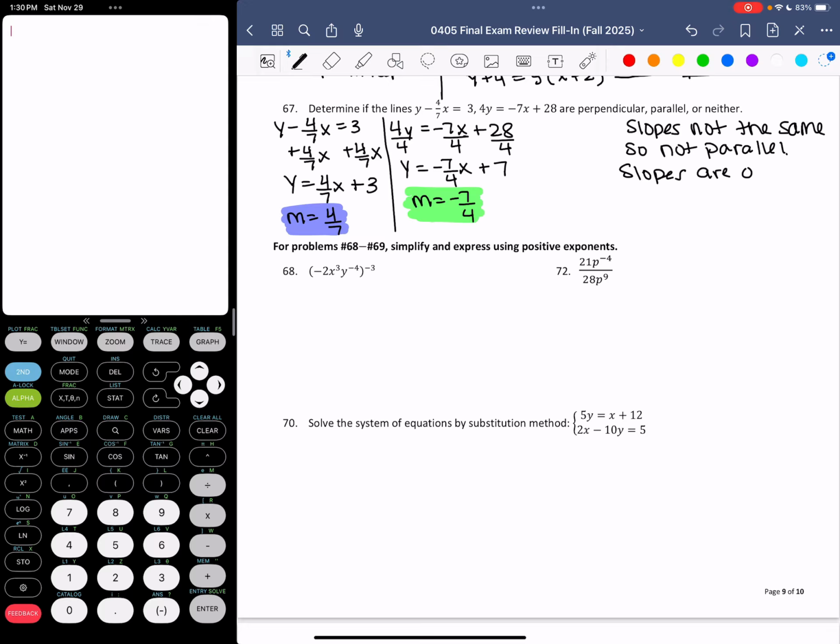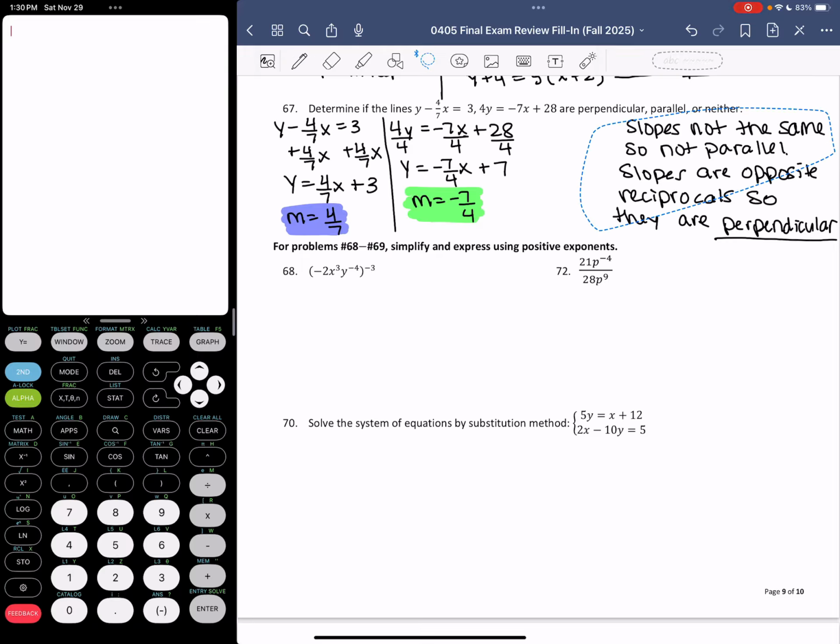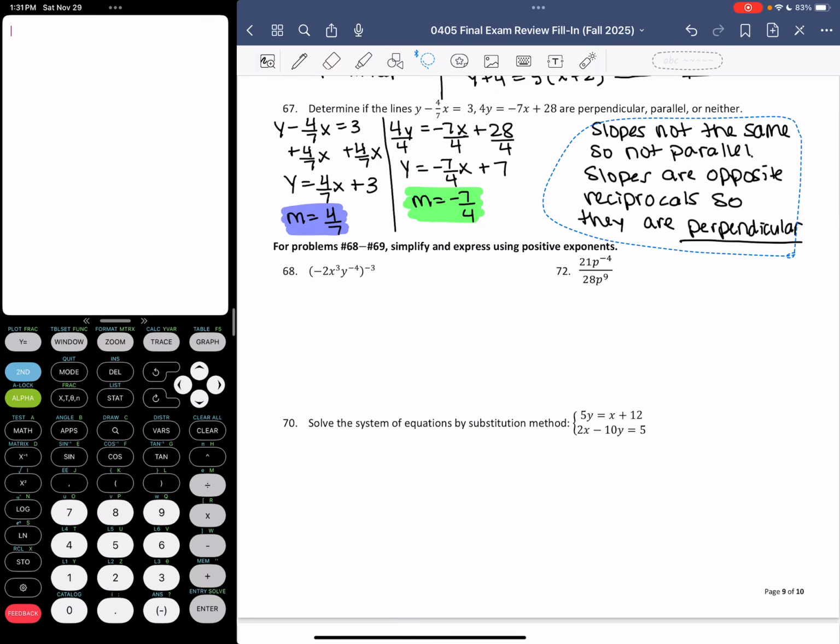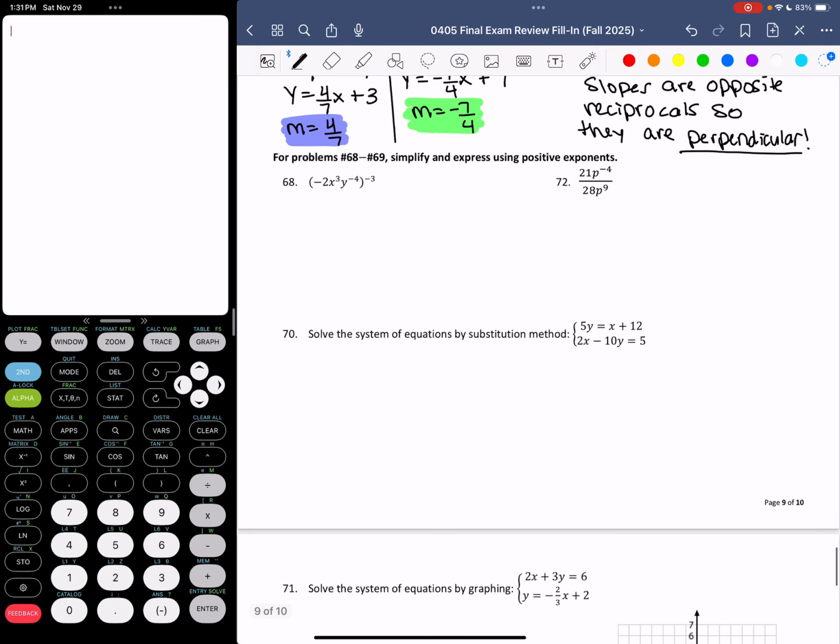Slopes are opposite reciprocals. So they are perpendicular. I guess I'll go with that. There we go. All right. Okay. My apologies for the time wasting here.